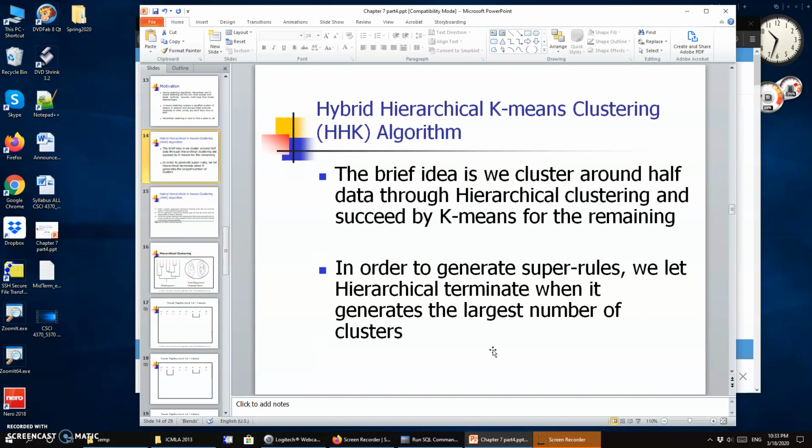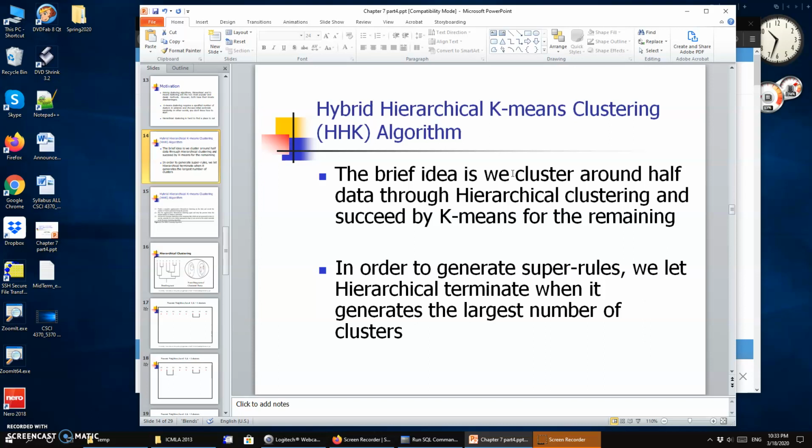And the idea is this. Since k-means clustering has difficulty at the start, and hierarchical clustering has difficulties at the end, why don't we use hierarchical clustering for roughly the first half, and then continue with k-means clustering?